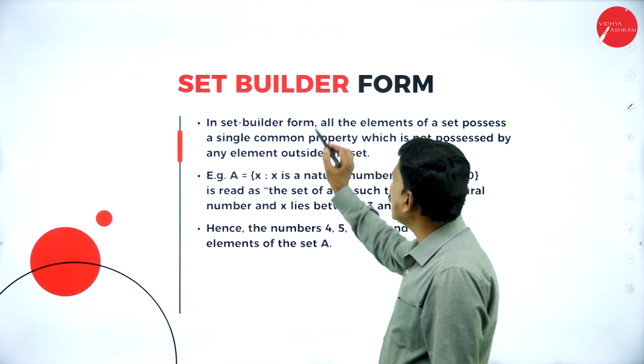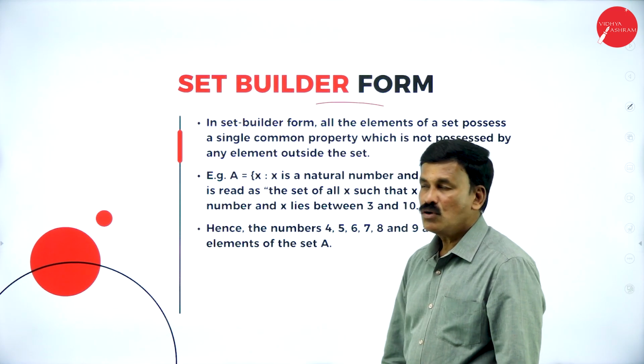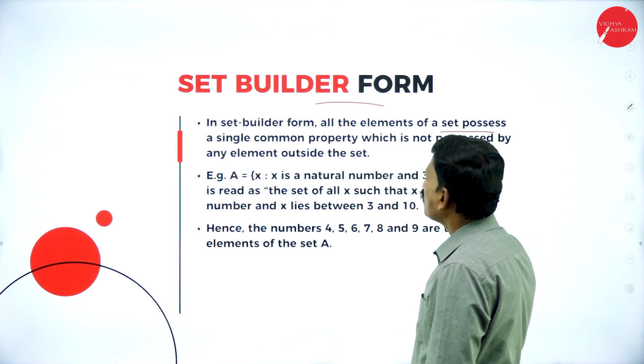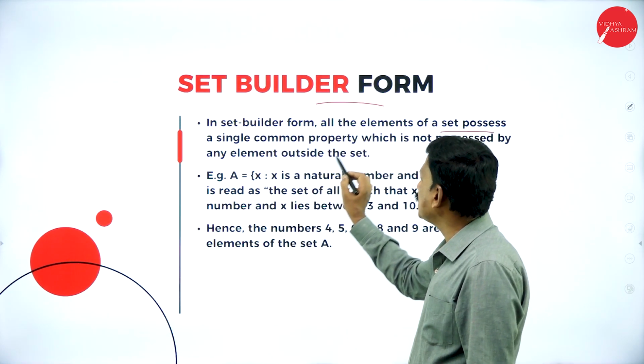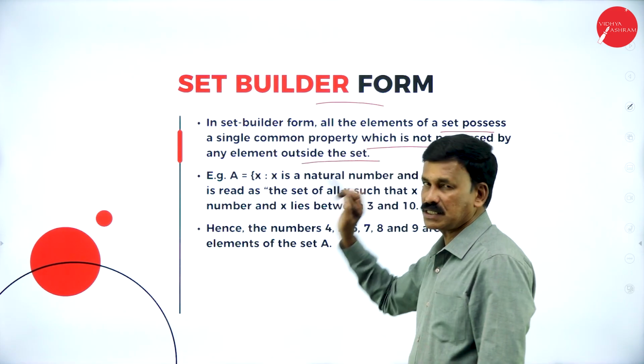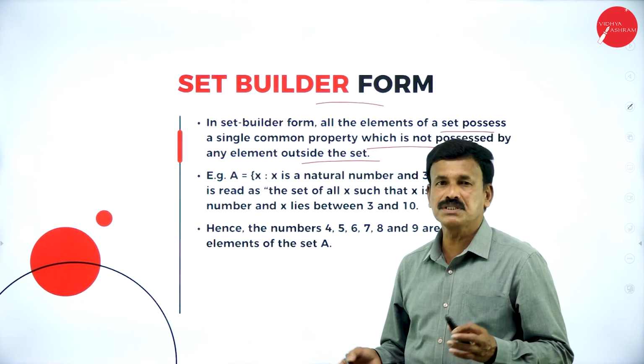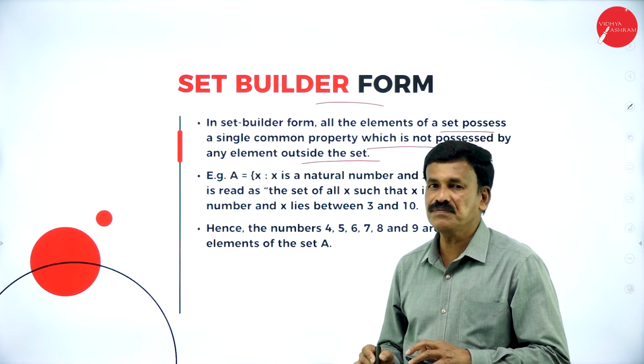The second one is called the set builder form. In set builder form, all the elements of a set possess a single common property which is not possessed by any element outside the set. That means the elements of the set are arranged according to a proper definition.